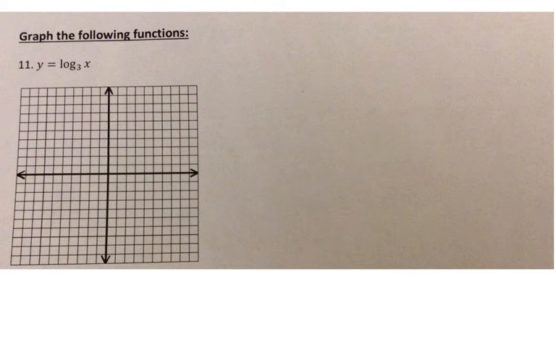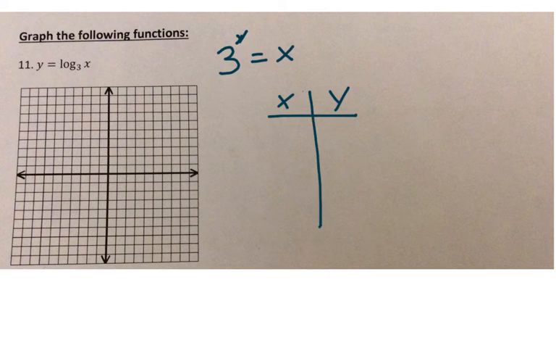So 3 is the base of my log, and then I switch the next two, so it's 3 to the y equals x. Now, when I make these points, this is kind of just like how we did Monday's notes, but because y is the exponent, we're going to pick y values.